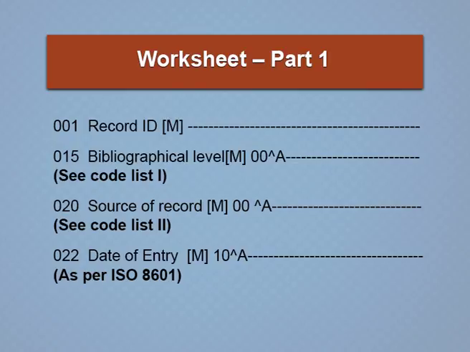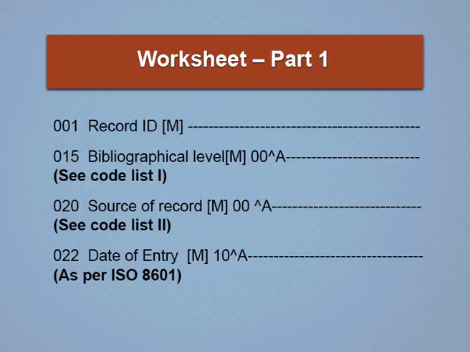The subfield indicator positions are 00, there is only one subfield, the subfield delimiter is the caret sign and the subfield is A, but you cannot enter anything manually here; you need to consult the code list to take the appropriate value. I will come to how you can utilize the code value for the field 015.